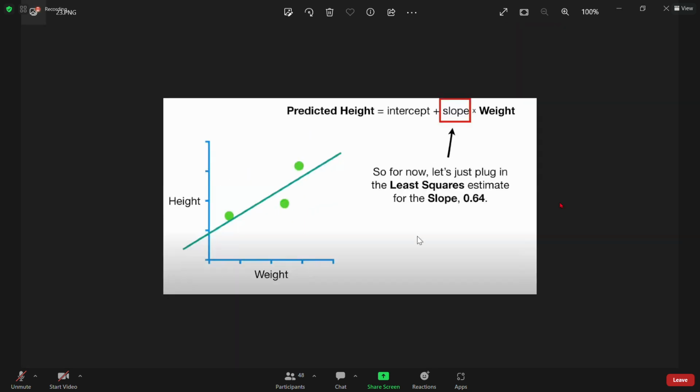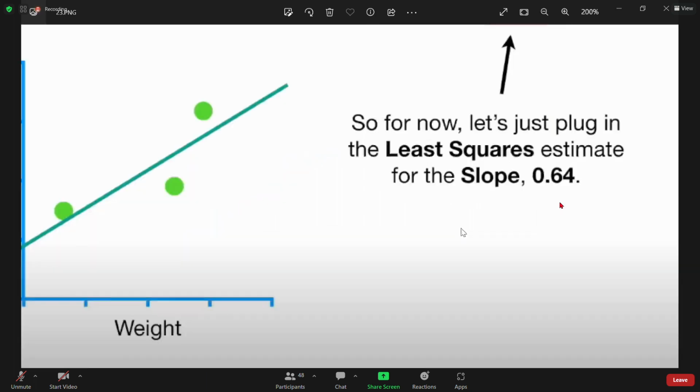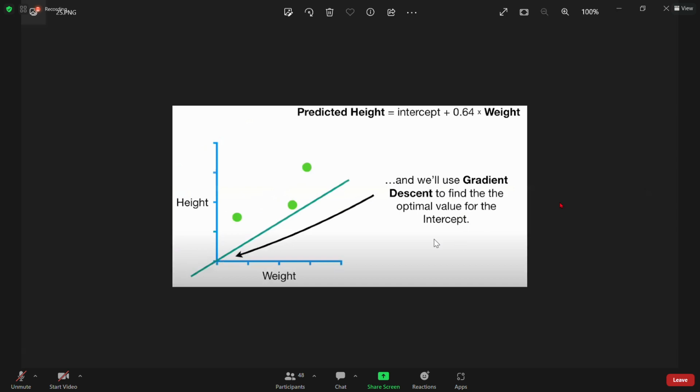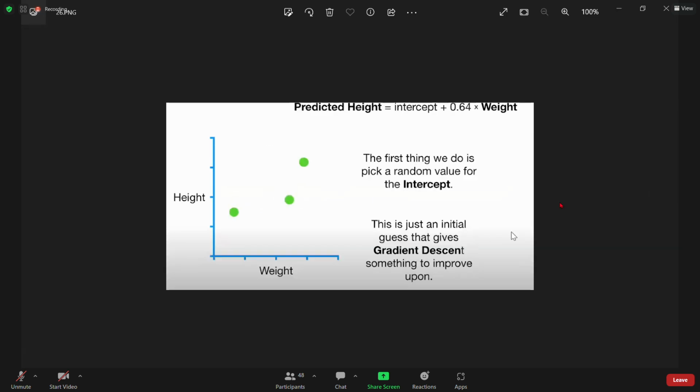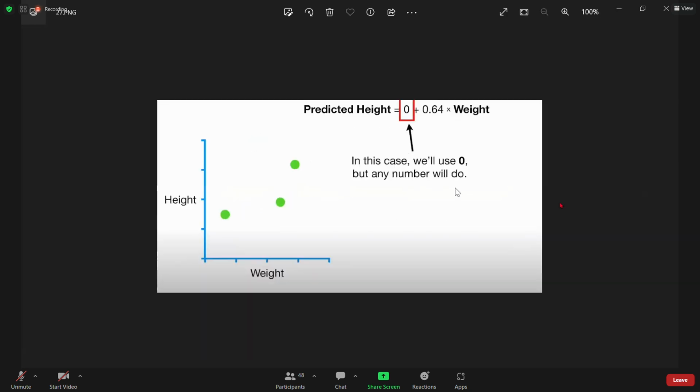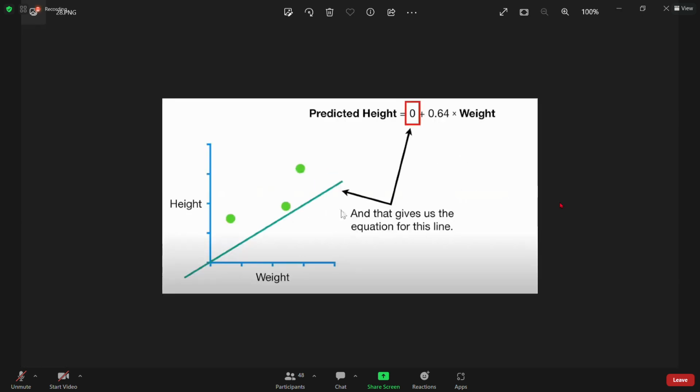Now, to understand gradient descent, let's consider the slope of the graph is 0.64. Next one. Once the slope of the graph is 0.64, assume the intercept, if the best fit line touches the origin.